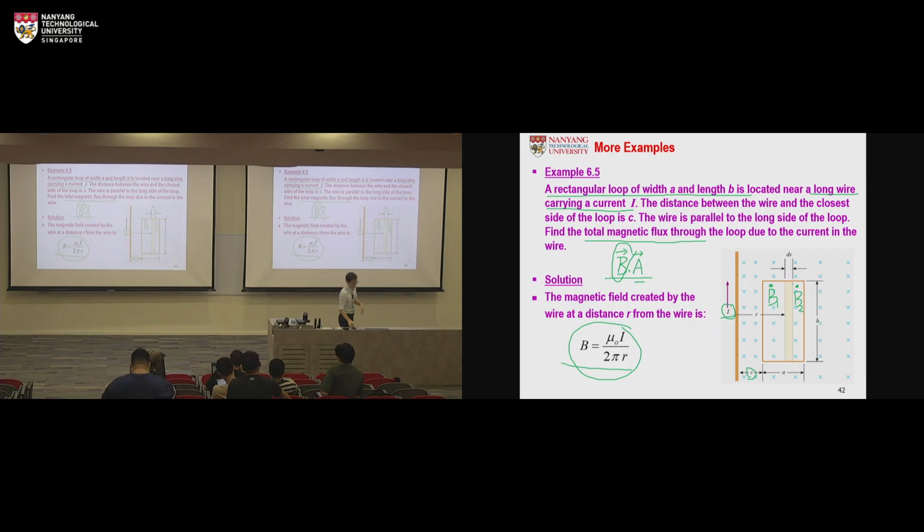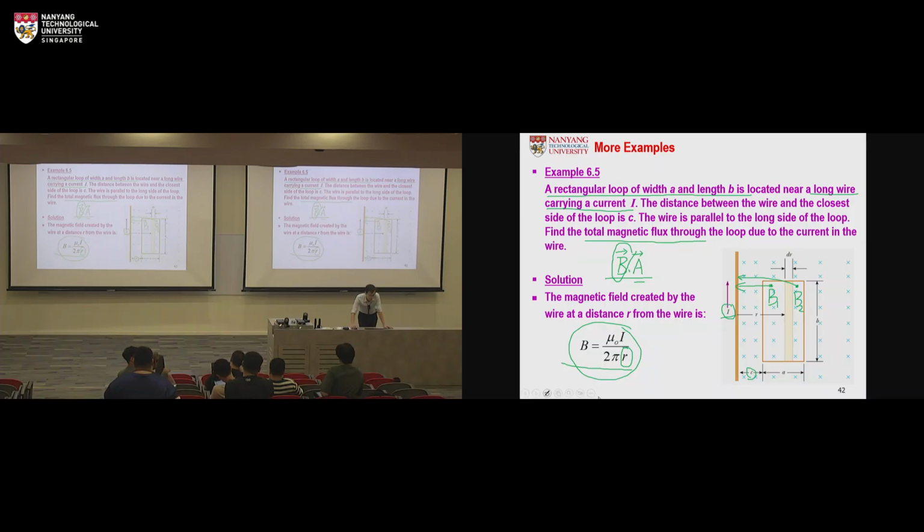Yeah, here you can see this B is also a function of r. That is to say, this distance or this distance is different, so B1, B2 are not the same. That is to say, now we figure out actually vector A is uniform, but vector B is not, right? So if one of them is not uniform, then we cannot just use B times A to get the total flux.